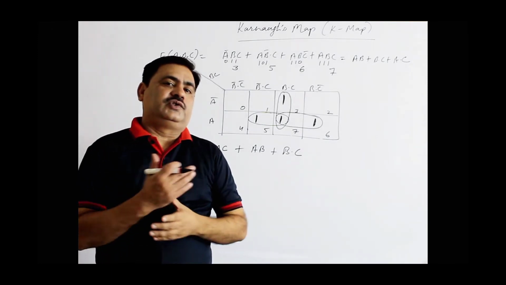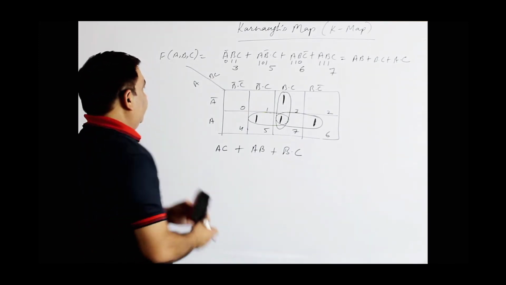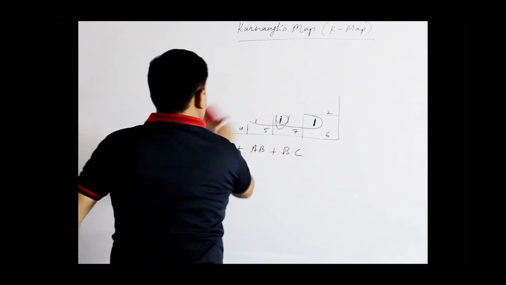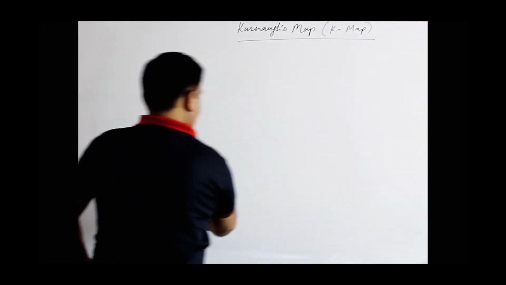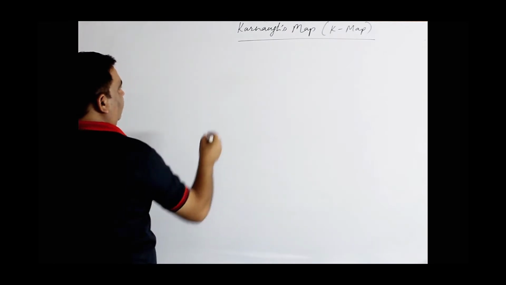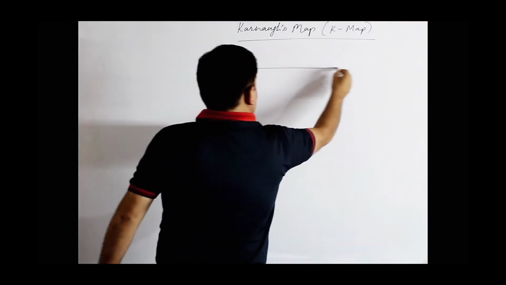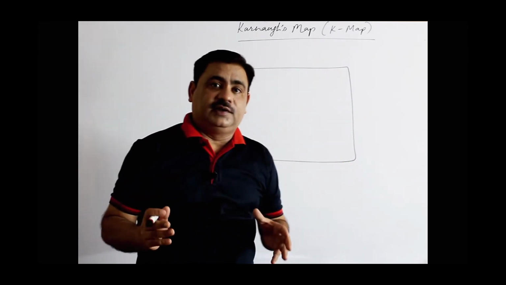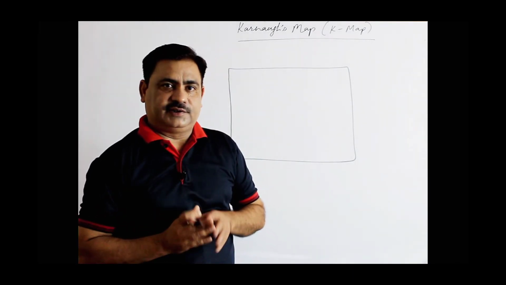Now, how to reduce a 4 variable K-map? First of all, draw the 4 variable K-map. I am first going to explain the way of making pairs, quads or octets in the K-map.